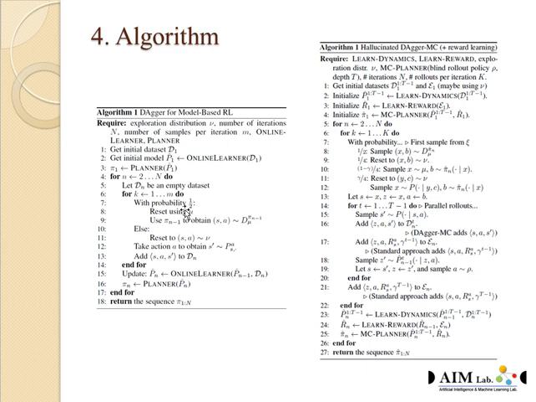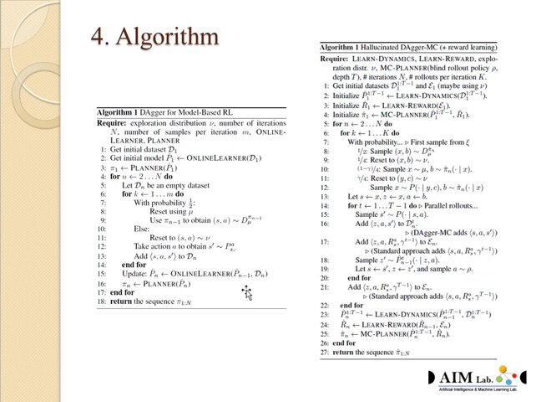P1 hat is the initial model, and from P1 hat we have policy pi 1. For each iteration, we have m samples, and with probability 0.5 we reset using mu, or we reset the state from pi n minus 1's distribution, or from the fixed exploration distribution, and take action A to obtain S prime and add it to dataset Dn.